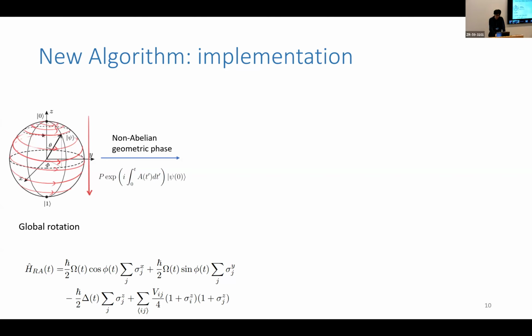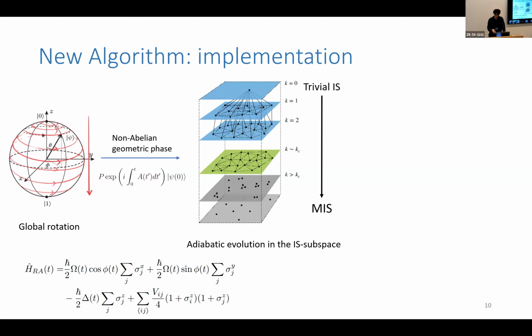And such global rotation will trigger a non-abelian geometrical phase inside the ground state subspace, and will effectively drive the trivial IS, which is the auxiliary state, to the independent set with maximum size. And this is effectively an adiabatic evolution in the ground state subspace.